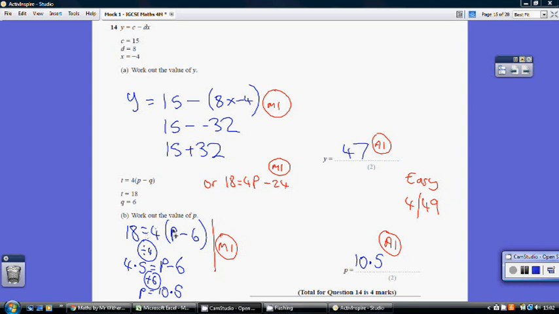So you could multiply out the brackets, that would be absolutely fine, that would be one way to go about doing this, but what I've chosen to do instead is just to start off by dividing by 4. So 18 divided by 4 is 4.5, so 4.5 equals p minus 6. Add 6 to both sides, I get p equaling 10.5.